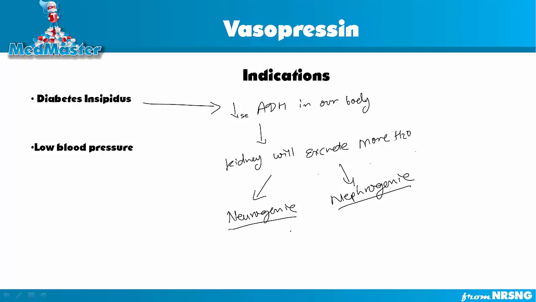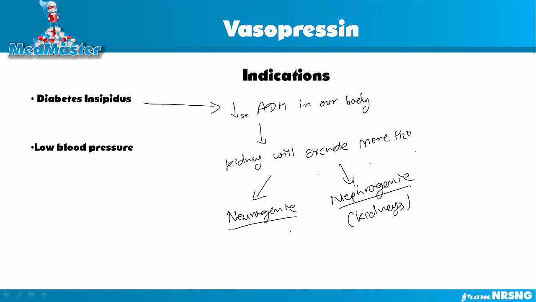Now, another one is called nephrogenic. Their nervous system is intact, their posterior pituitary gland is intact and is secreting enough antidiuretic hormone, ADH, meaning vasopressin as well. However, their kidneys are not responding well to the ADH. So even though they have enough ADH in their body, the kidney won't react to the ADH, because of a certain reason, which could be damage or trauma to the kidneys, or structural changes in the kidneys as well.